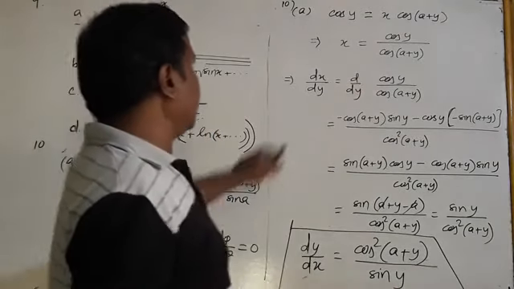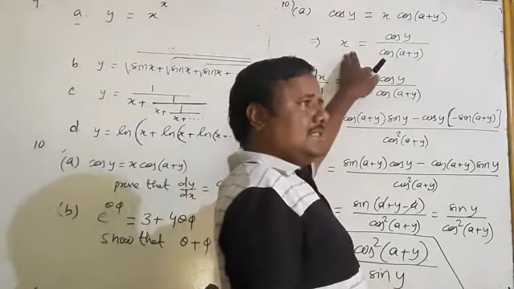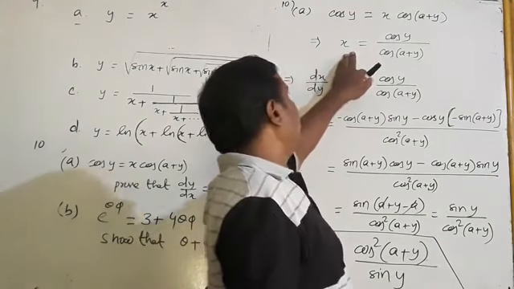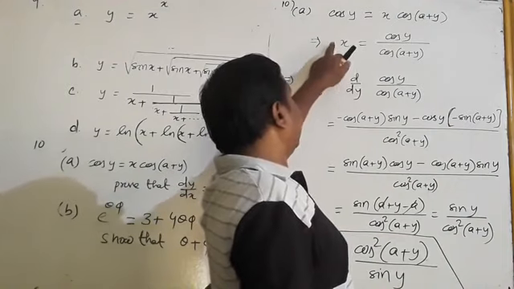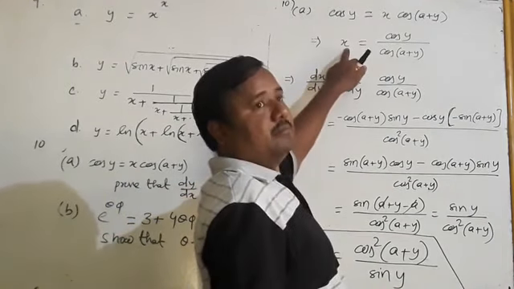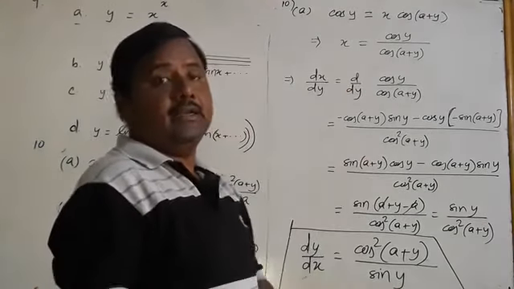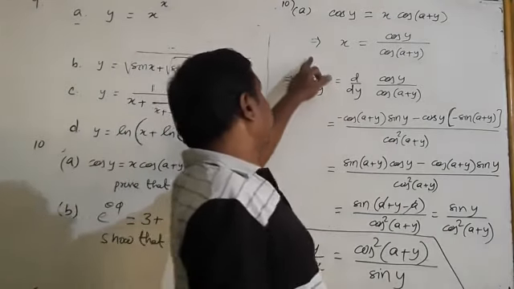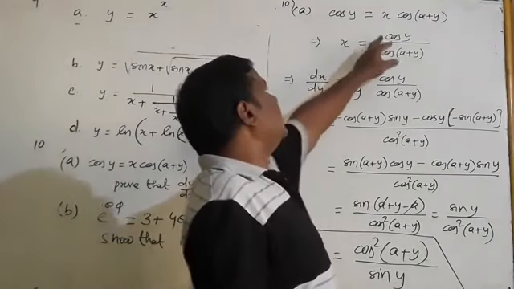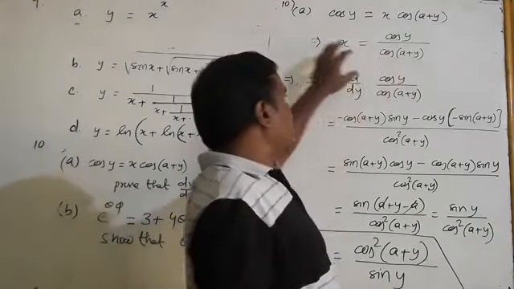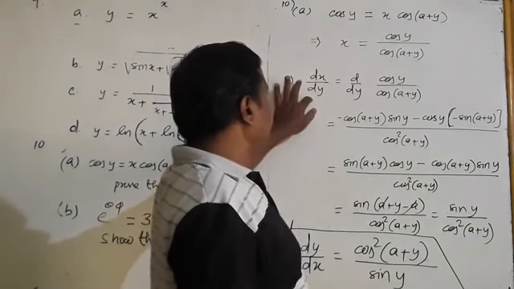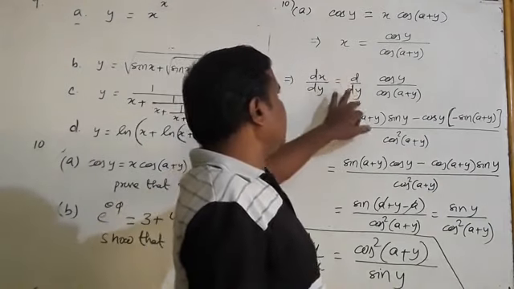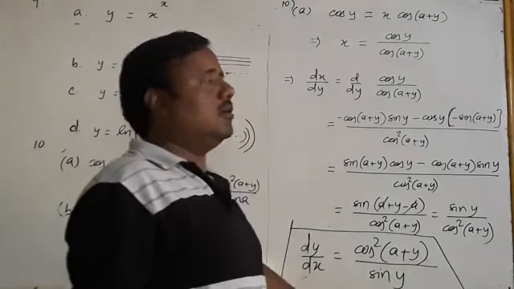Many students were also taking x like this, but after that they are doing d by dx of x. In a different style from my side, I am taking d by dy of x, because it is totally y things, so I am differentiating with respect to y. This becomes d by dy of x, and this becomes d by dy of cos y by cos(a plus y).